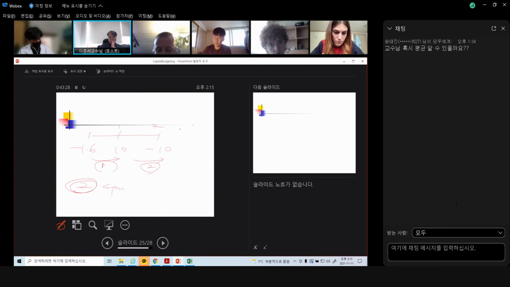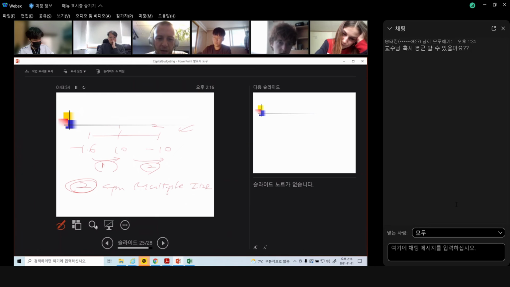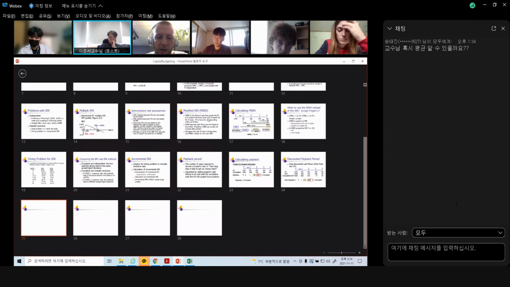This is called a non-normal cash flow stream. If the sign changes more than once, we may have multiple IRRs, two or more IRRs. And which one is the real IRR? Which one should be used? That's what we are wondering.